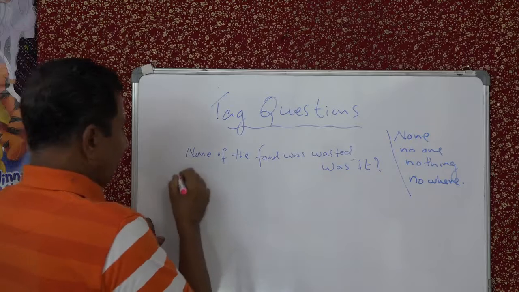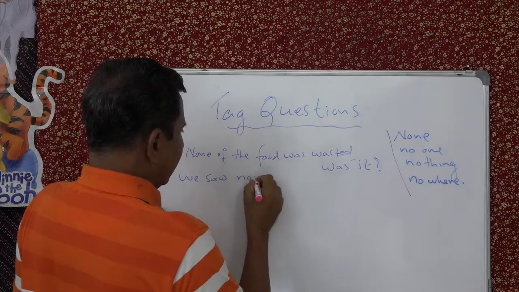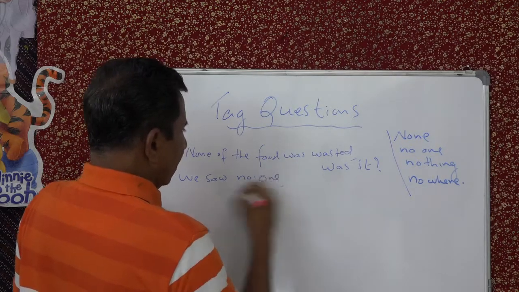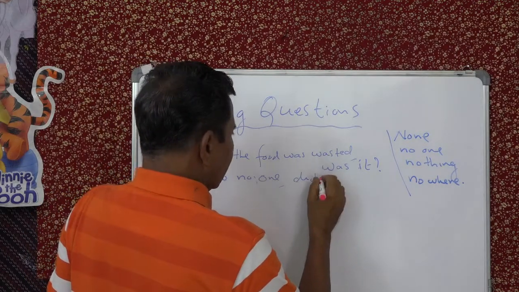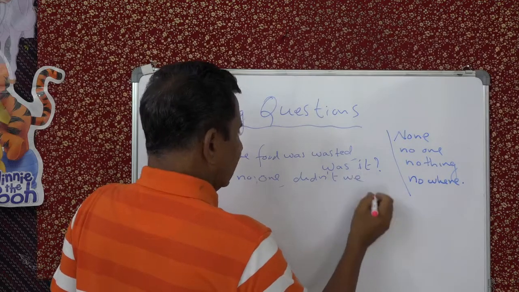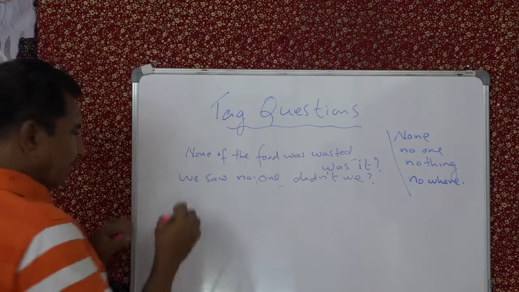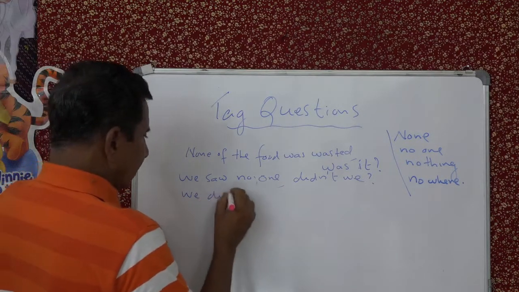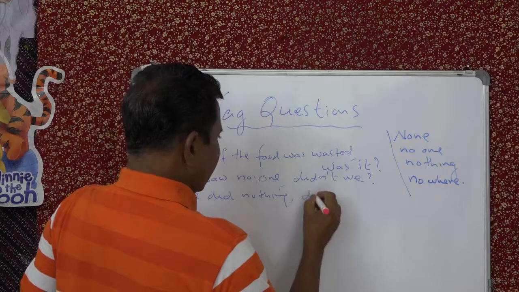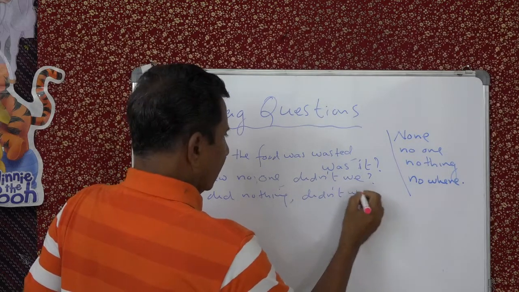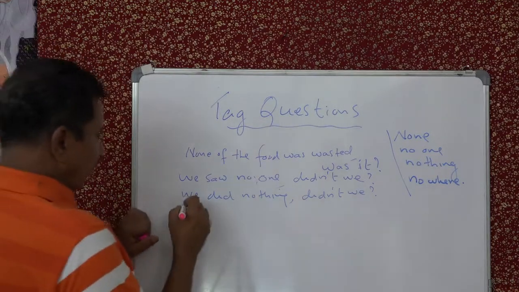Or next, we saw no one, comma, didn't we? We saw no one. Then nothing. We did nothing, comma, didn't we?